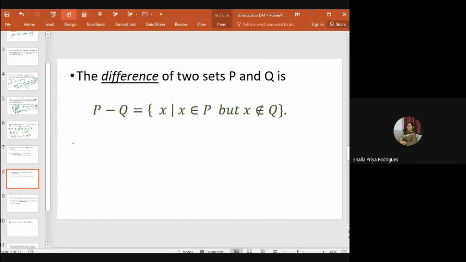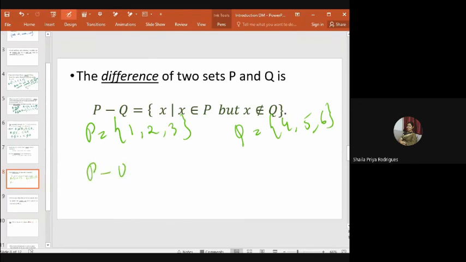If P is 1, 2, and 3, and Q is 4, 5, and 6. Firstly, you have to look at the elements of P and then check whether they are present in Q as well. 1 is present in P, but it is not present in Q, so you can put it here. 2 is present in P, but not in Q, so you can put 2 as well. 3 is also in P, but not in Q, so 3 comes here as well.